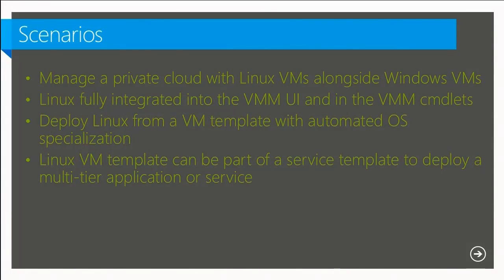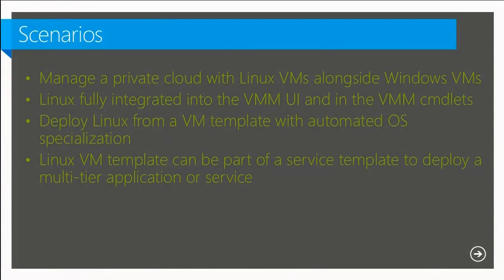And what the scenarios here allow you, VMM, let me step back. VMM before SP1, you could manage the state of a Linux VM you were running on your hypervisors. You could power it on. You could do a snapshot. You could deploy a disk and then go in and manually configure it. What we've added in SP1 is the ability to deploy a Linux VM from a template to set key operating system configuration so that you're not sending out a bunch of VMs with the same host name and invalid network configuration.